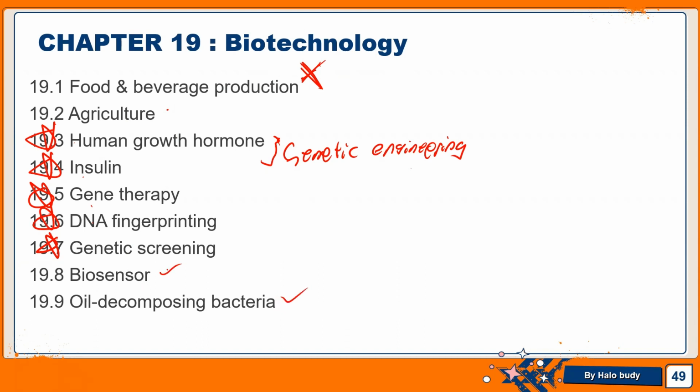Biosensor is actually enzyme technology. If you learned enzyme technology in Sem 1 chapter 4, you should learn biosensor like that. And oil decomposing bacteria is actually easy, not too difficult. Okay, so that's all for this semester syllabus briefing.